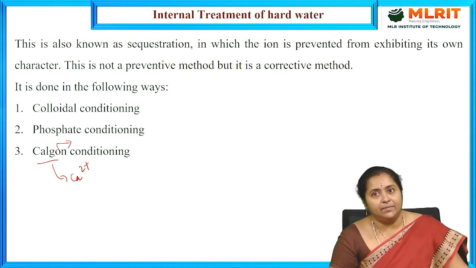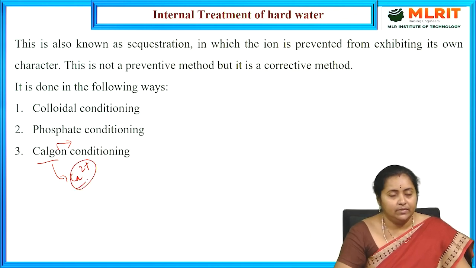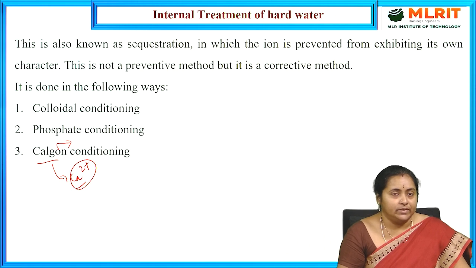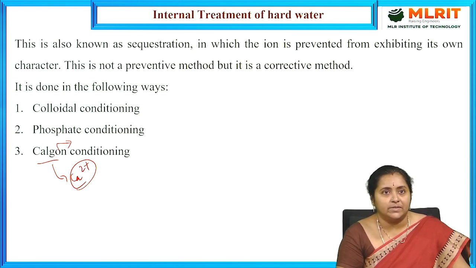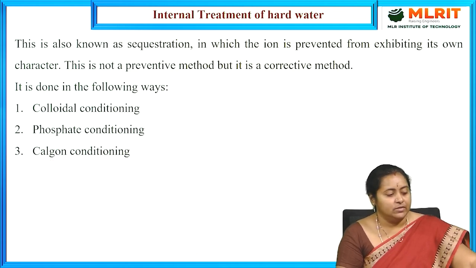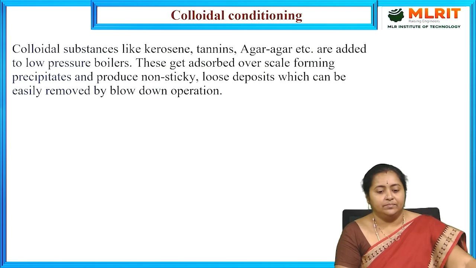If it is added in proper proportions to the hard water sample, it removes the calcium salts present in the hard water and converts them into a soluble complex, which can be removed by blow-down operation. So, these are the three different methods used under the heading internal treatment of hard water. Let us see them one by one.